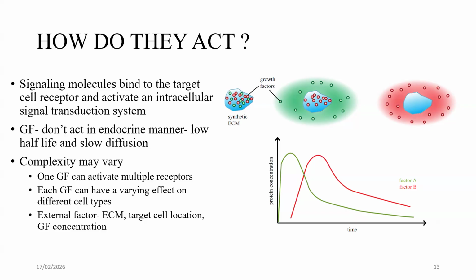Now what is this intracellular signal transduction system? Cells are so sophisticated that inside them there are a lot of mechanisms going on at the same time. And when these growth factors come in, they trigger more reactions, not just mitochondrial reactions or Golgi apparatus or the nucleus, DNA, and they respond.